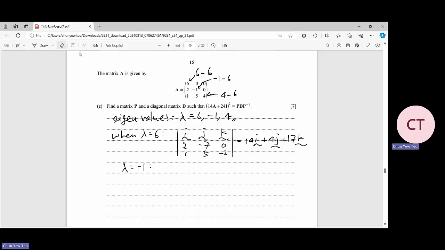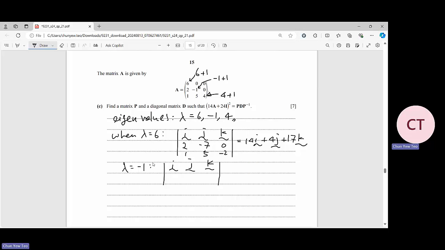So lambda equals negative 1. When lambda is negative 1, change all the lambda here to negative 1. Then you can see that only the first and the third rows are suitable, or the second and third.